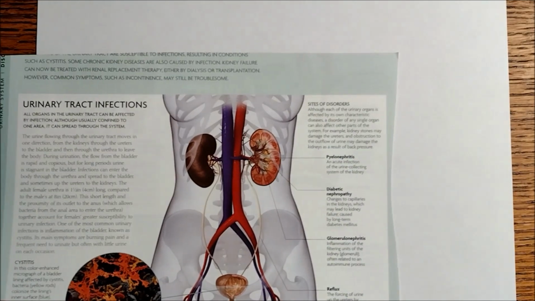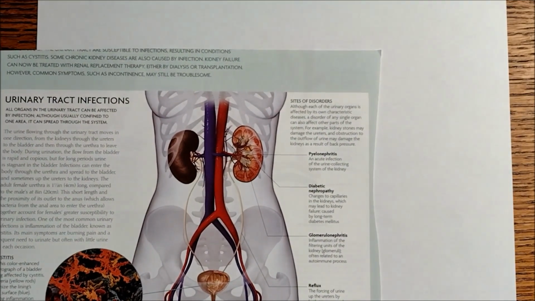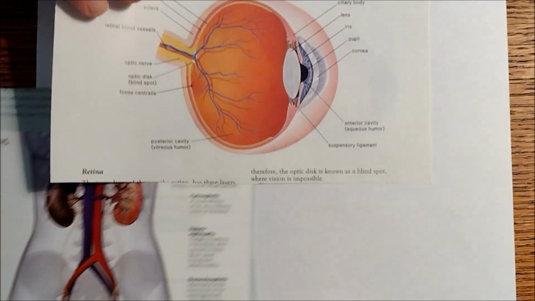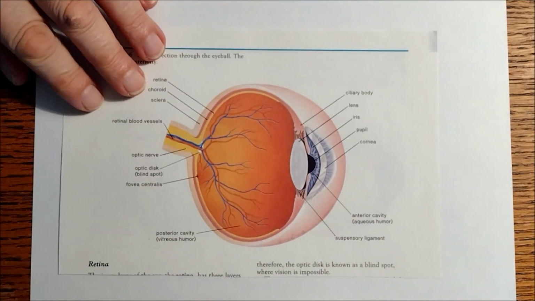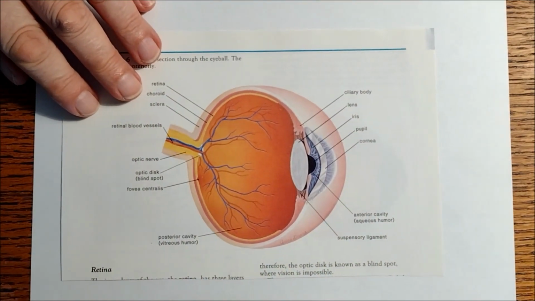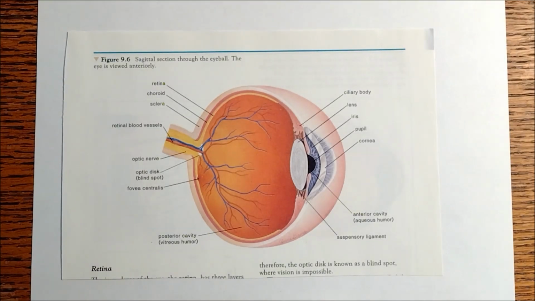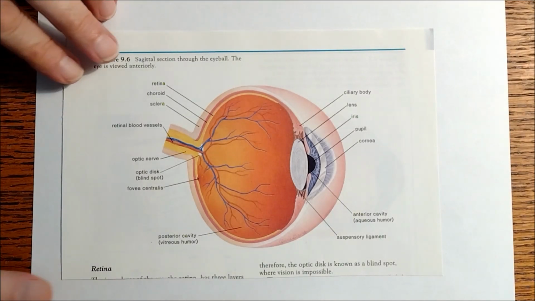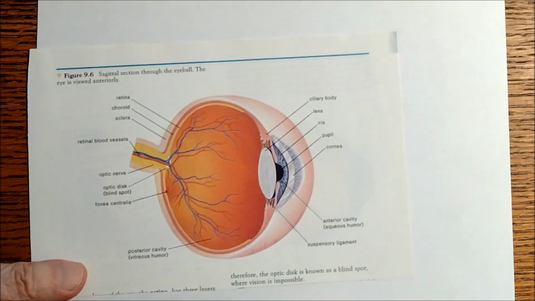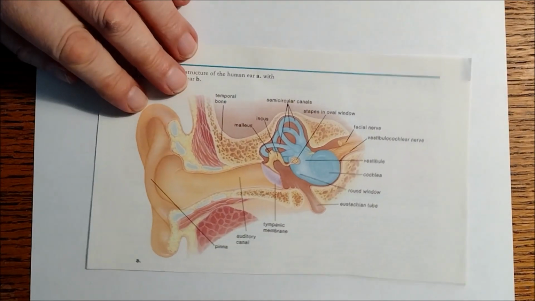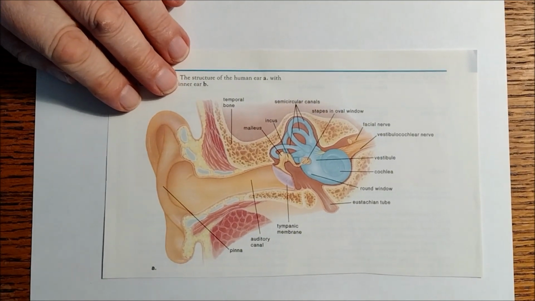The next thing we're going to take a look at is how we know what's going on outside of our body. And one way we know is by seeing things. So we're going to take a look at the eye, see how it works. Seeing things is not quite enough, though. We're going to also take a look at the ear and hearing.